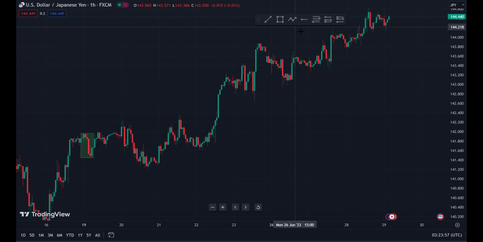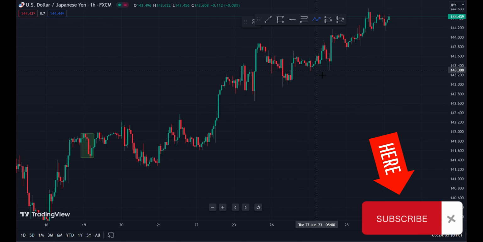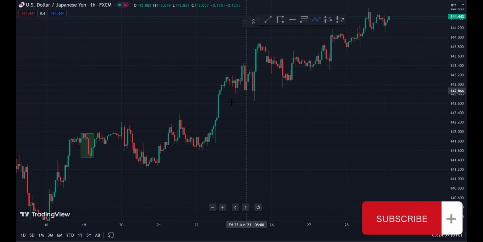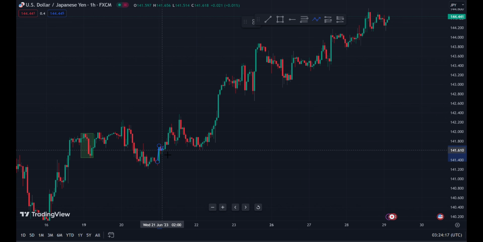Our main issue is to spot the rally base rally moves. We shall start with the rally base rally, then we follow with the others. Let's first spot the rally base rally. Start from here. First a rally move, pull back, another rally movement.